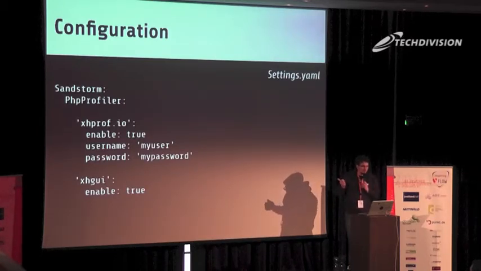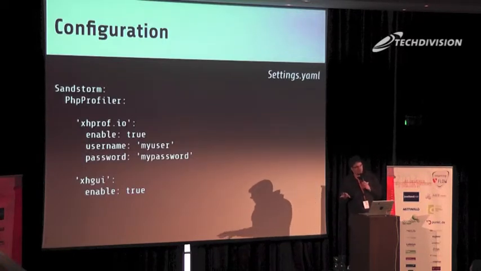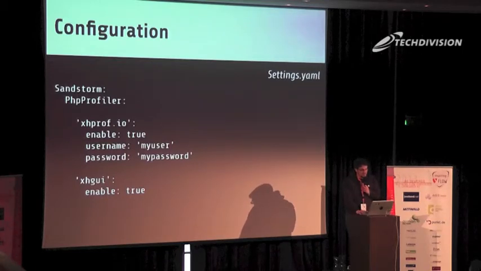For XHGui, there are some more settings that are not yet exposed here. You need to actually go into the XHGui clone or the package that you have on disk and then configure it there. But that's pretty straightforward.